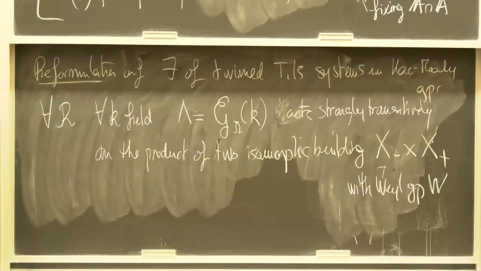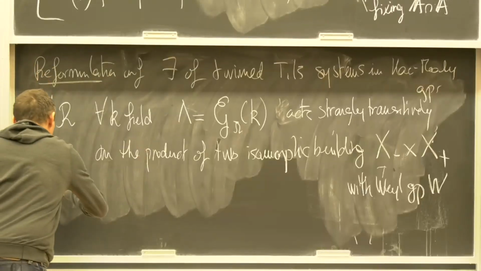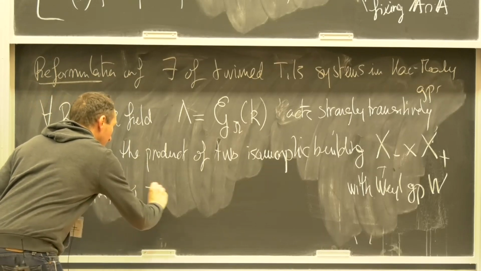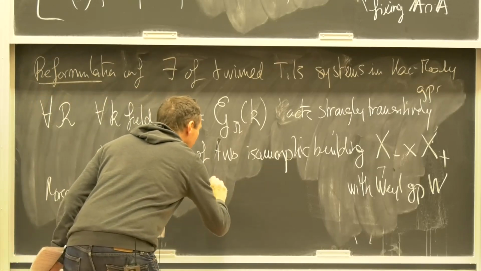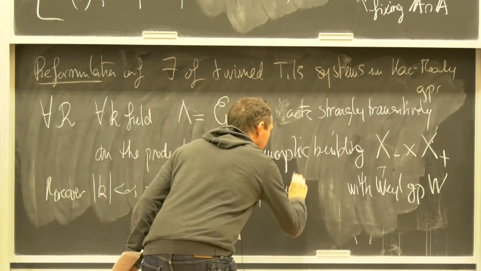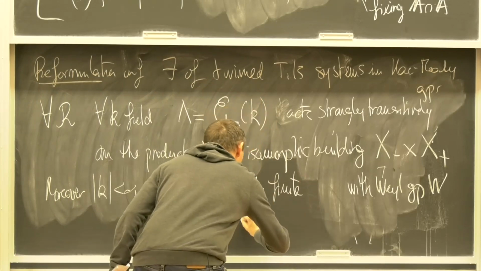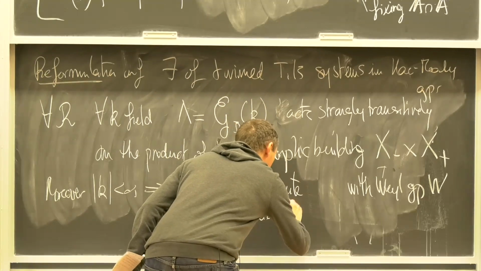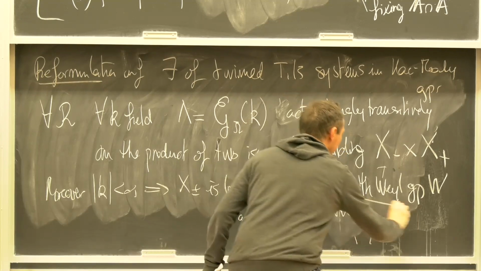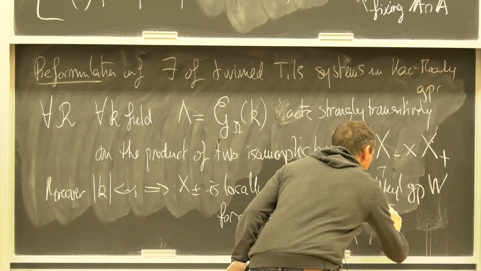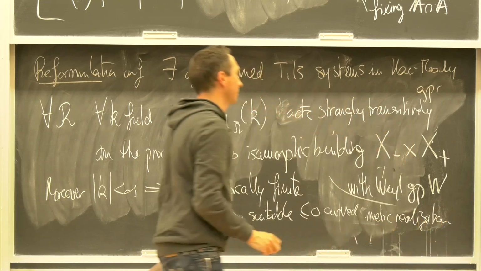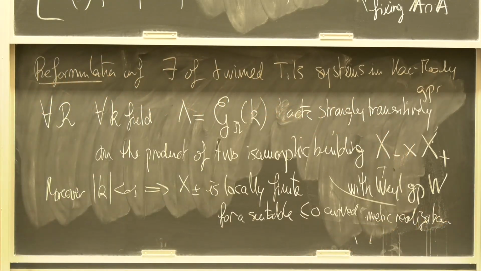Okay, so moreover, if K is finite, then X plus minus is locally finite as a cell complex for a suitable non-positively curved distance. Sorry, I should say metric realization. And the spaces are even complete.